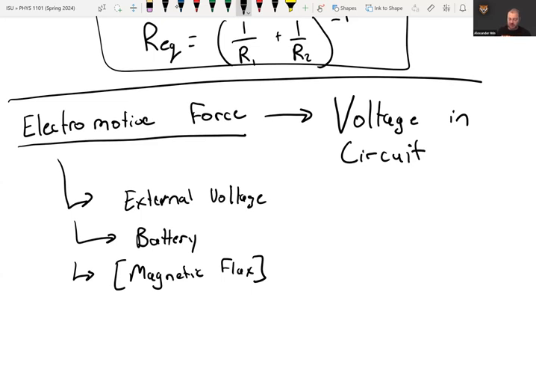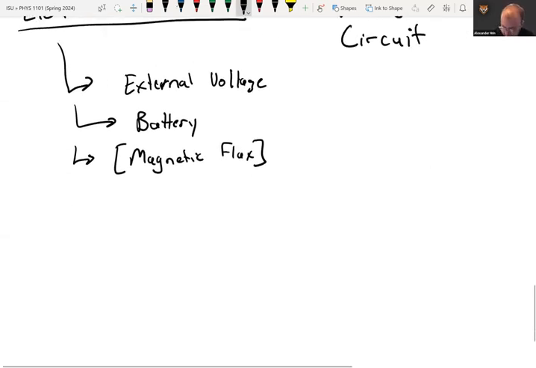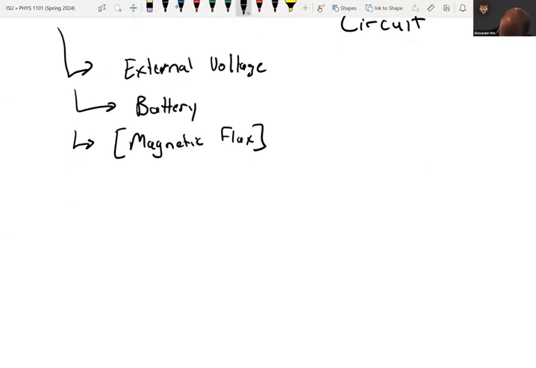And you need a voltage source in a circuit to drive a current, okay? So the symbol that we will use in general will just be one longer line, one shorter line. And your terminals actually have a plus and a minus on them.